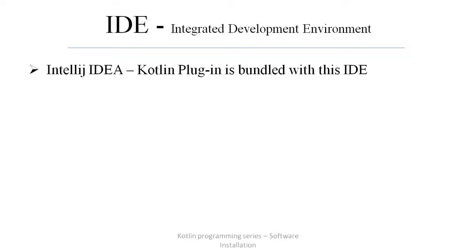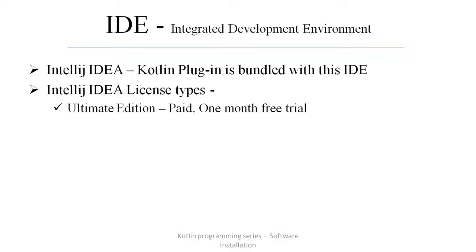Intellij IDEA comes with two types of licenses. The one is Ultimate Edition, which is paid. We can have a 1 month free trial of this Ultimate Edition, and second type license is Community Edition, which is free and open source. And for this series we are going to use the Community Edition license type.